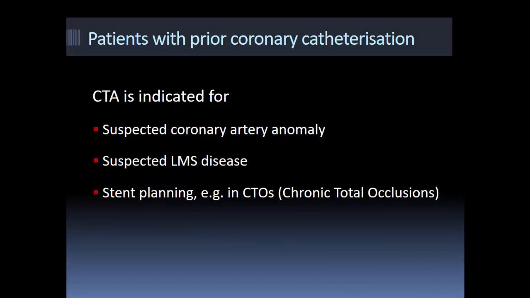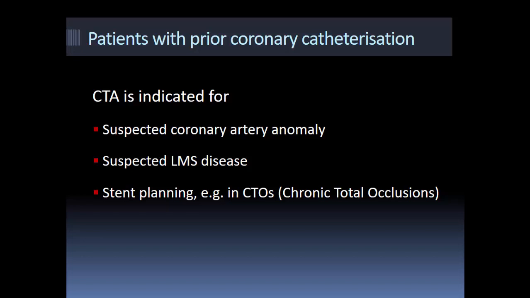So in patients who have already had a cath, we would often receive requests to exclude anomalous coronary arteries. Either because they could not be cannulated on the catheter angiogram, or they could be cannulated and seen, but to assess their course in relation to the aorta and pulmonary artery, CT angiography is being requested.